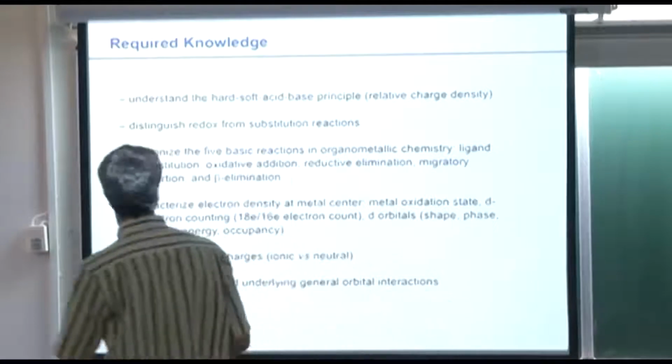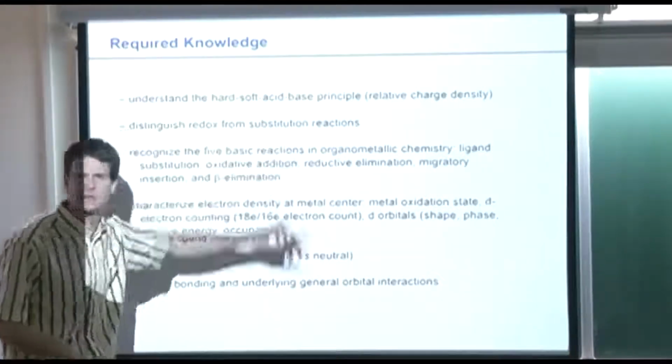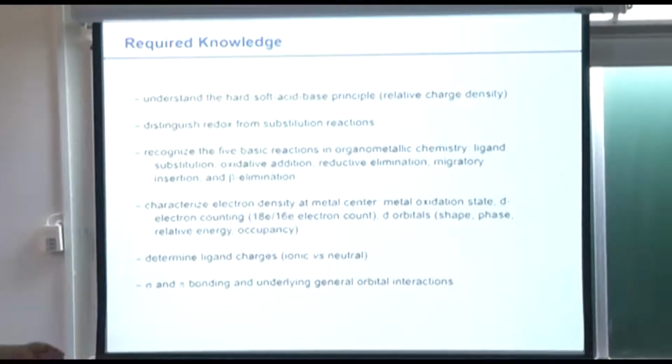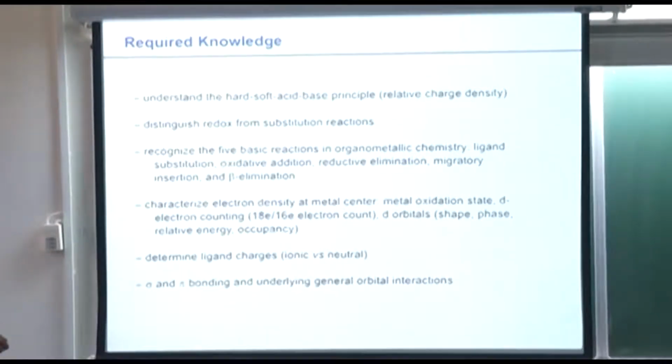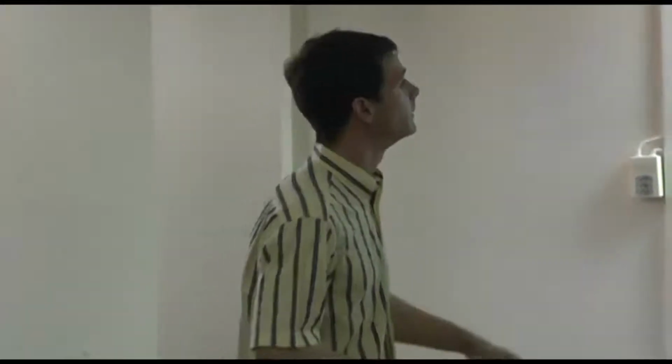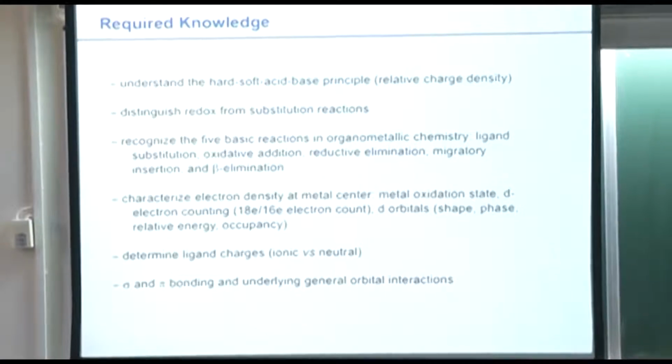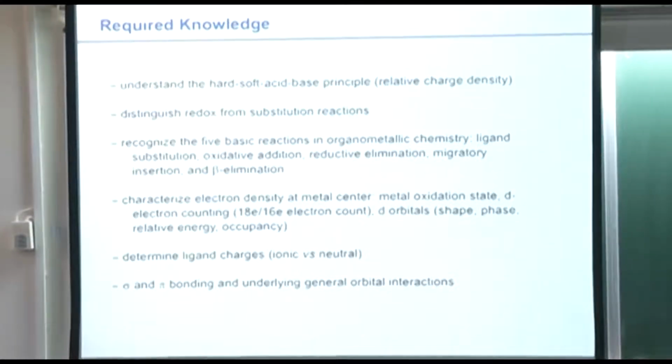But I hope that you know a bit what hard-soft acid-base concepts are in coordination chemistry, which ligands prefer what metals, why is this so, or what metal oxidation states are, what are the underlying factors there. You'd know when you see a reaction whether it's a redox reaction or a substitution, really the 2 basic fundamental reactivities that we have in chemistry.